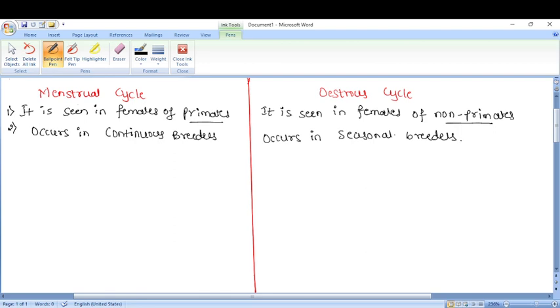Based on the breeding season or breeding type, mammals are classified into two types: continuous breeders and seasonal breeders. Continuous breeders are the mammals which breed throughout the year. Seasonal breeders are the mammals which breed only in some seasons. In continuous breeders, the type of cycle is the menstrual cycle, and in seasonal breeders, it is the oestrus cycle.